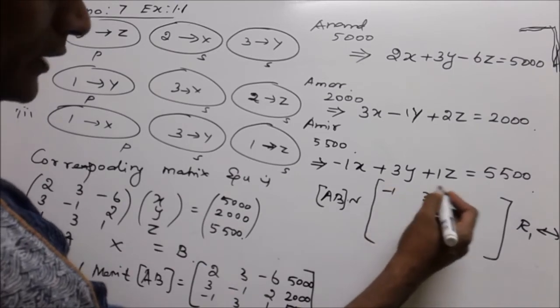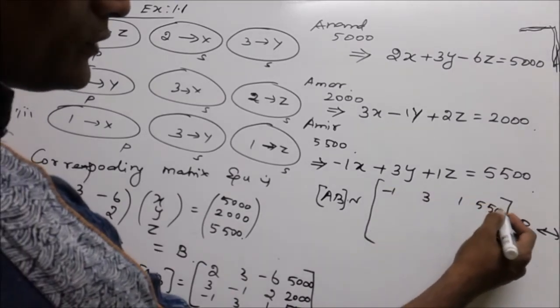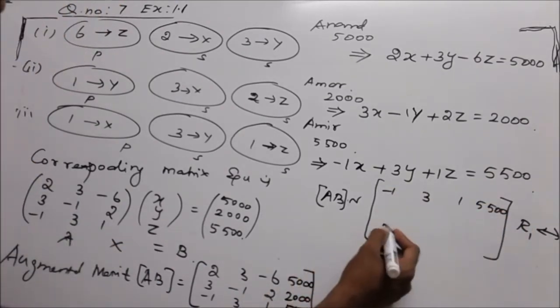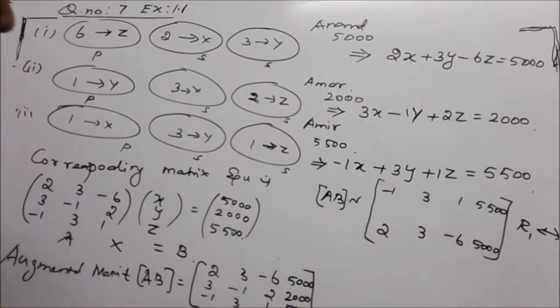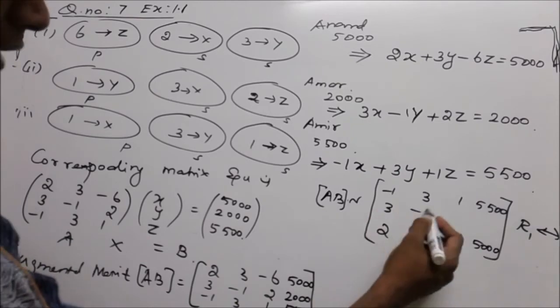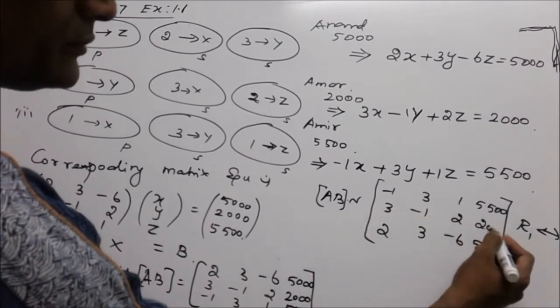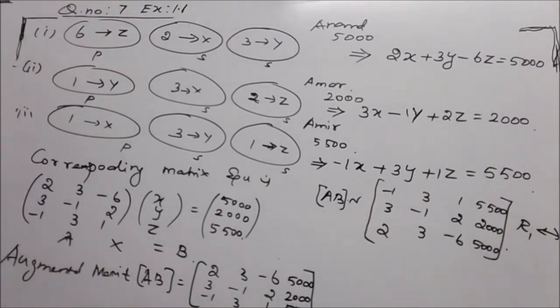Minus 1, 3, 1, 5,500. Then here 2, 3, minus 6, 5,000. No change in the second row. Keep as it is.